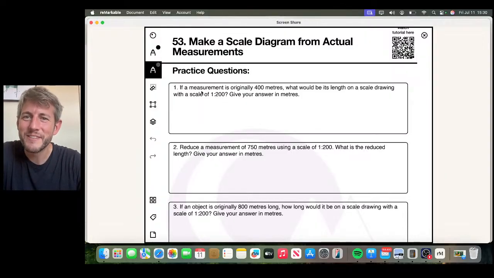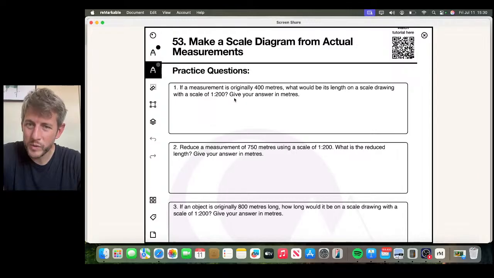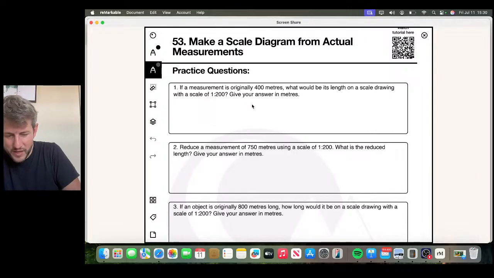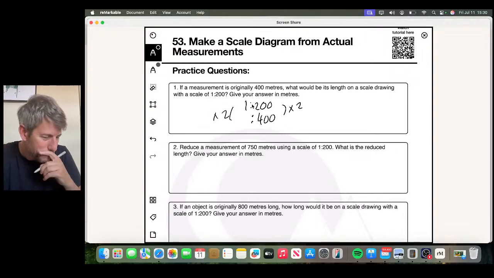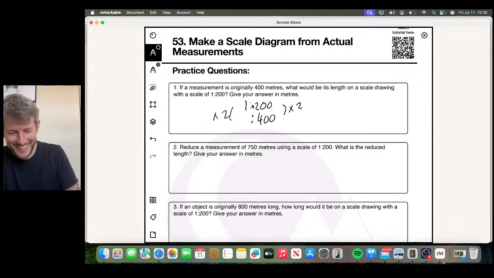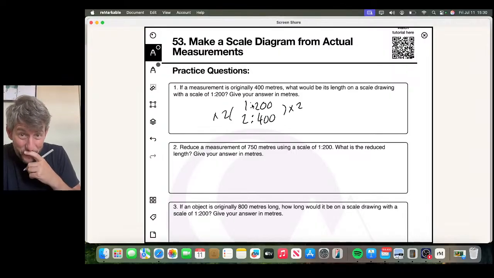If a measurement is originally 400 meters, what would be its length on a scale drawing if the scale was this? Okay, so we're working differently this time. We know that 1 to 200 becomes something to 400. Okay, well that's nice and easy. We've got 2 lots of that, so that's going to be 2 to 400.